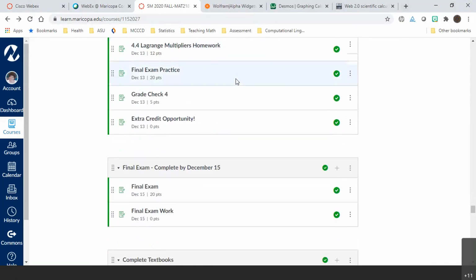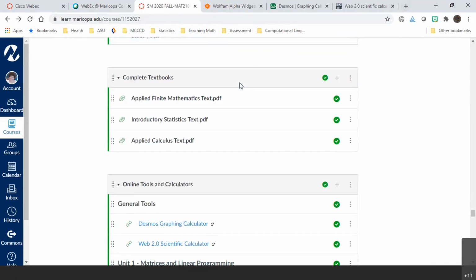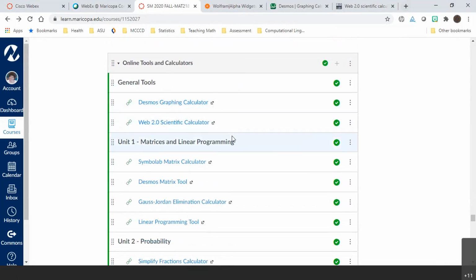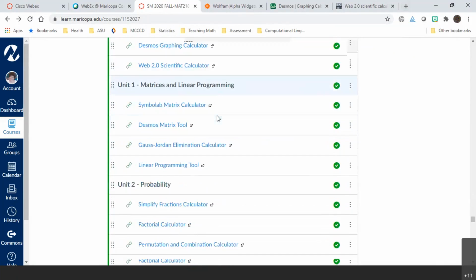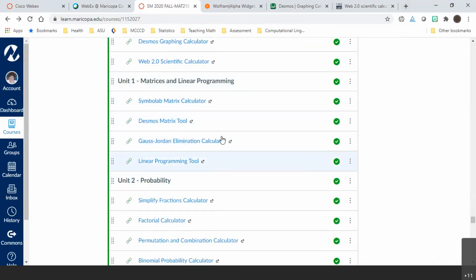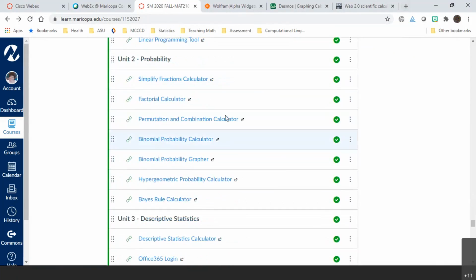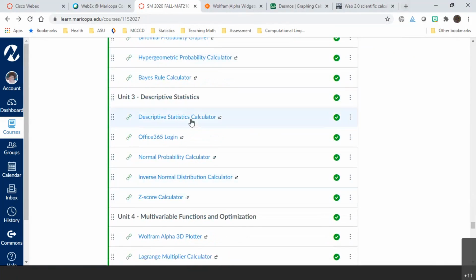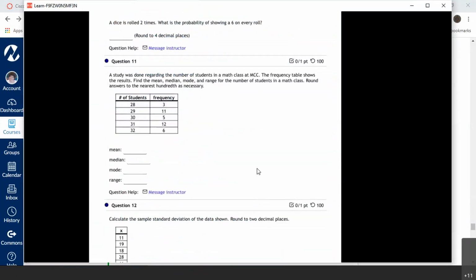If you scroll down past final exam and complete textbooks, see online tools and calculators: general stuff like Desmos, Symbolab, Gauss-Jordan elimination. Here are probability calculators, descriptive stats. This is the one I would use for question number 11. Put in your data and hit descriptive stats, and it will give you the mean, the median, the mode, all that good stuff.